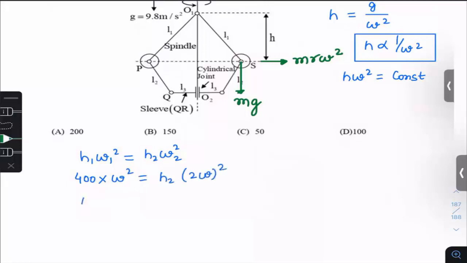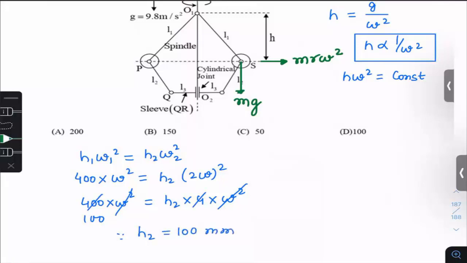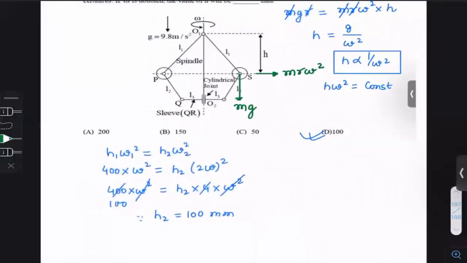So 400 into omega square is equal to h2 into 4 into omega square. This is cancelled, so h2 is equal to 100 mm. The right answer is D. Everyone note down. Quite simple question, my dear. Clear? Great.